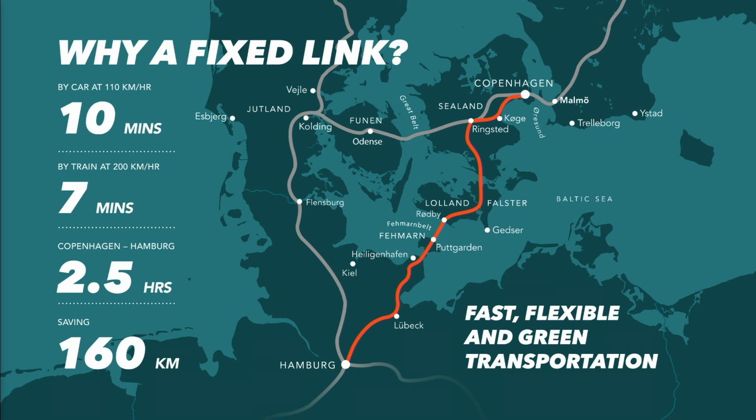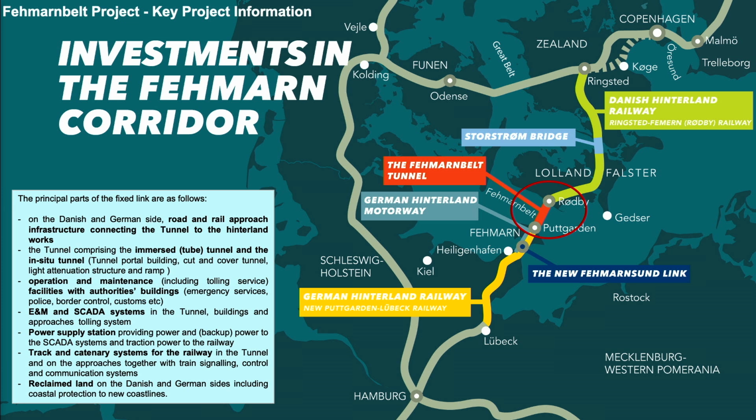But we will see that there is much other infrastructure involved in this fixed link project, some of it related to the railway and the motorway approach in the hinterland of both the Danish and the German side. The tunnel itself that we are building currently is made up of 2 portals, one on the Danish side and one on the German side, and an immersed tunnel.